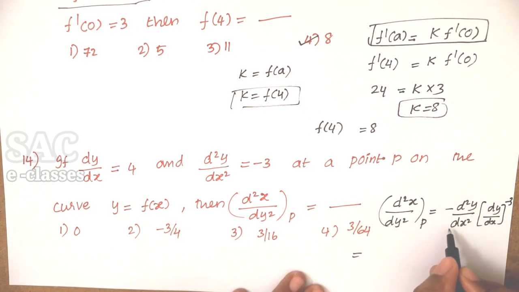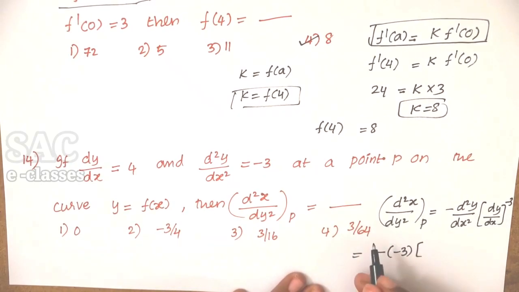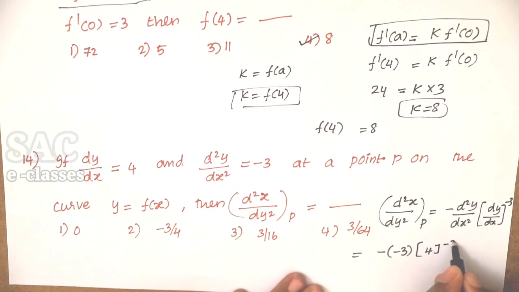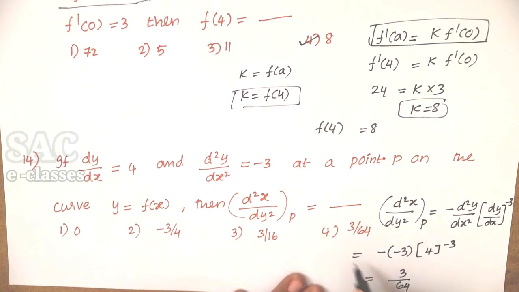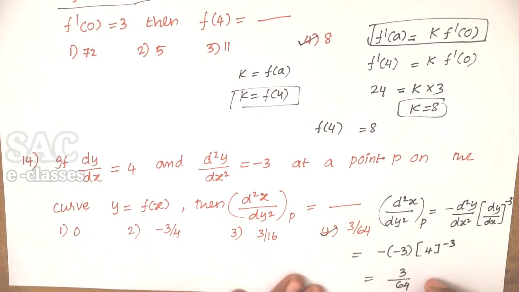It is minus d square y by dx square, which is minus of minus 3, into dy by dx value, which is 4 power minus 3. So 3 by 64 will be the required answer.